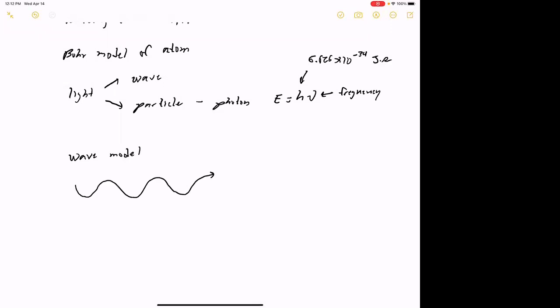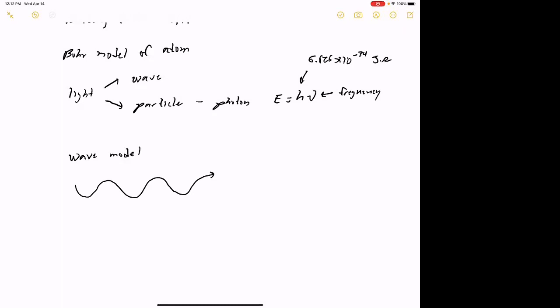Now, it's moving at a given velocity. Normally we think about the velocity of light in a vacuum. Light can actually slow down a little bit in a non-vacuum environment, but we usually use as our benchmark the speed of light, which is how fast light moves or propagates in a vacuum, or in space.